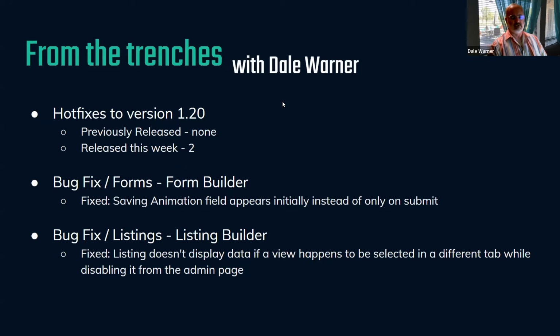That was kind of annoying, and we've cleared that up. And an oddity with listing builder about whether or not it shows data in a very special circumstance. I advise you install them if you're having issues with either of these, but hotfixes in general, if you're not having issues, there's no reason to install them unless we announce otherwise.